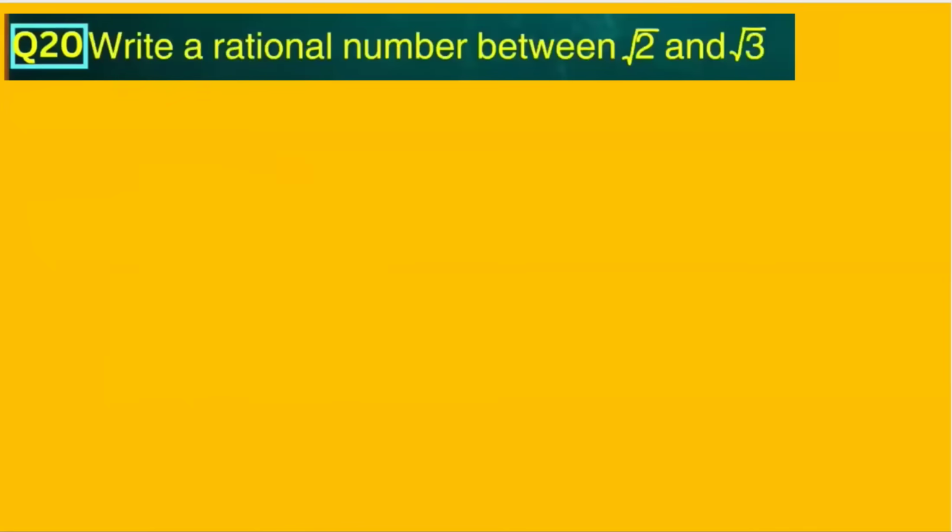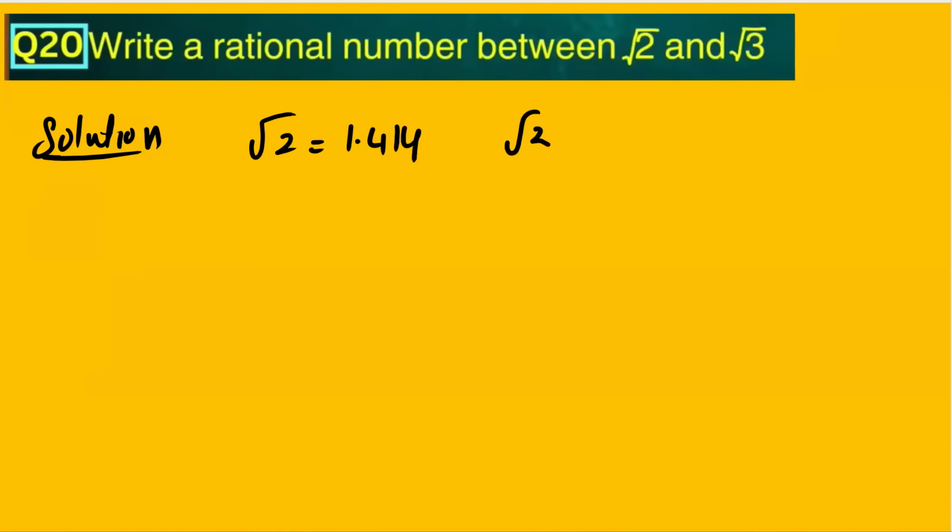Then the final and most important question: write a rational number between root 2 and root 3. The value of root 2 is 1.414, which is standard, and the value of root 3 is 1.732.